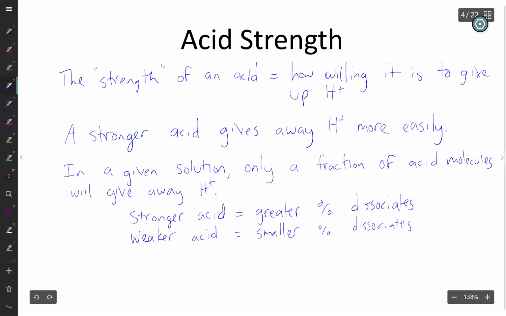And those percentages can run from 0.000000001% all the way up to like 99.999999%. So it's a broad range that we deal with in organic chemistry. So when we want to talk about acid strength, we need to have some sort of scale to measure them on.